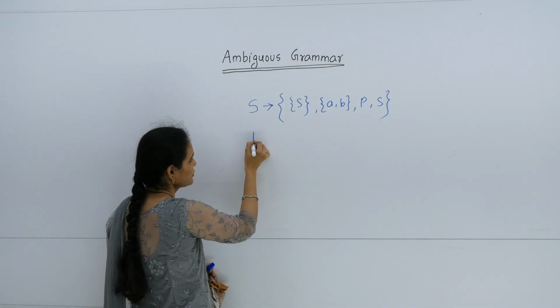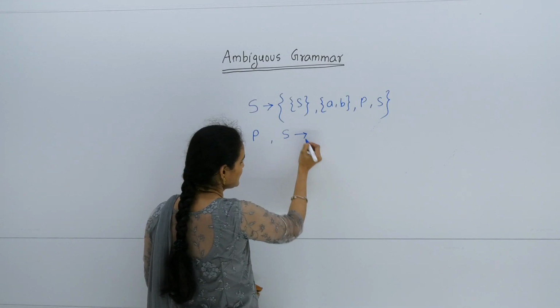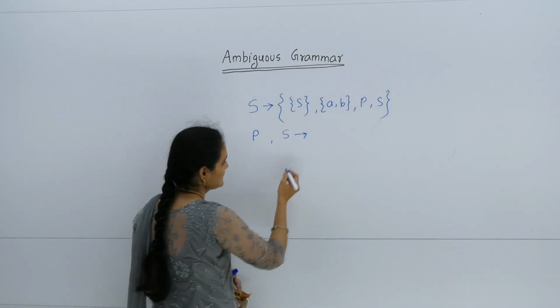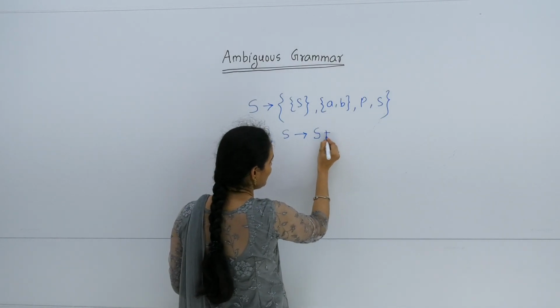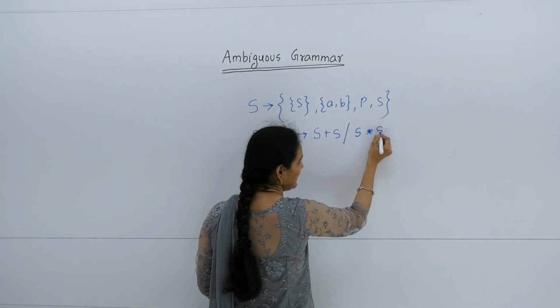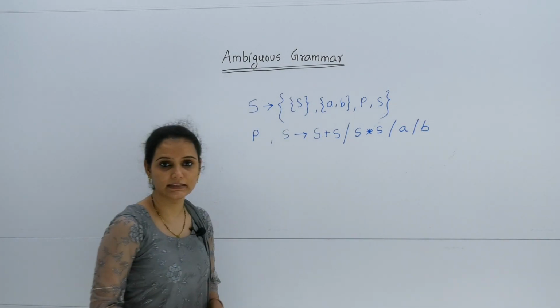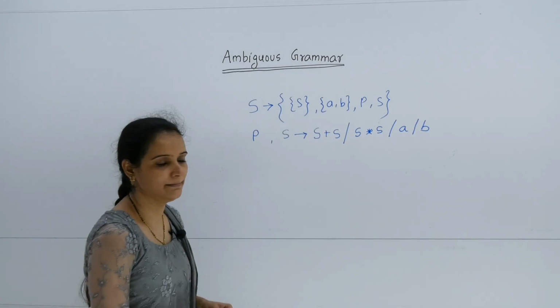The production rules I am using are: S produces S plus S, or S star S, or A, or B.